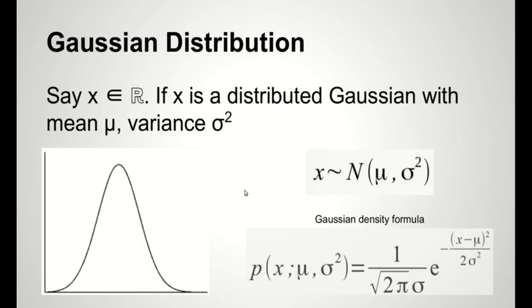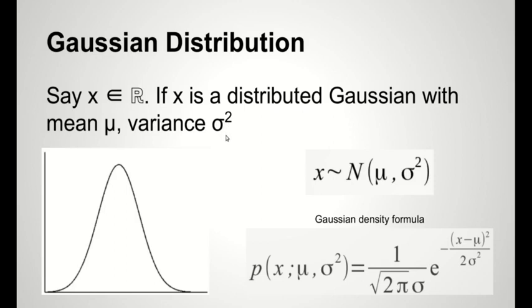We could also write that statement as x is distributed as a normal distribution parameterized by mu, the mean, and sigma squared, the variance.